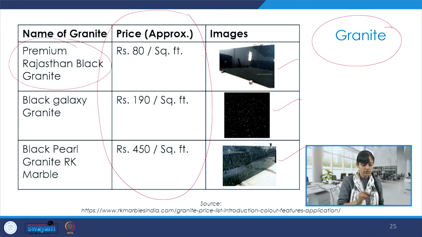The premium Rajasthan black granite could start at INR 80 per square feet. Black Galaxy granite is 190 per square feet. Black Pearl granite is 450 per square feet. So it depends on which one we are picking and what the overall budget of the client is.